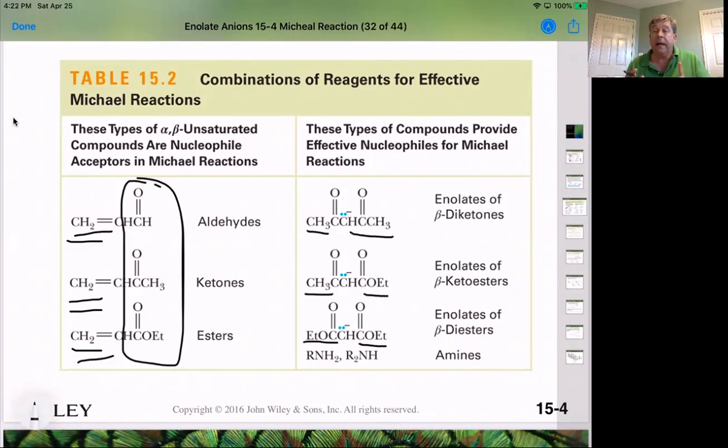As long as it has two carbonyls that are alpha, or beta, to each other, that means the hydrogen in that alpha position is very acidic and easy to remove. Now, in the case of the amines, we'll show you where the lone pair on the amine acts as the nucleophile and attacks the beta carbon of the unsaturated aldehyde, ketone, or ester to do a Michael addition product.